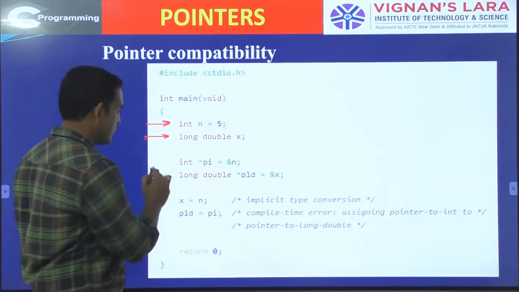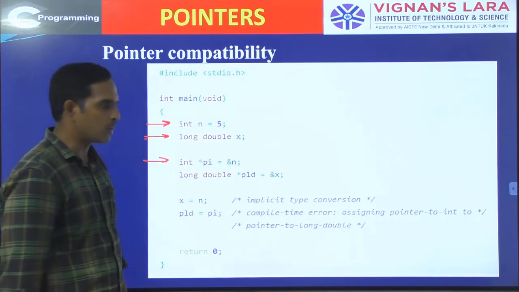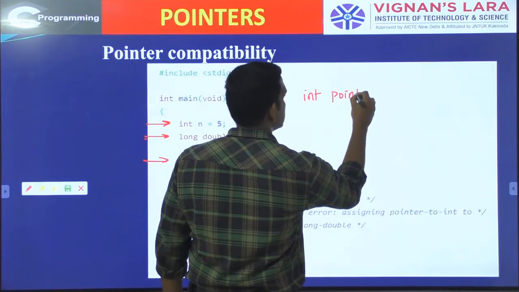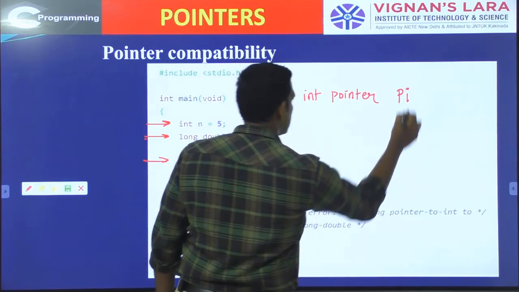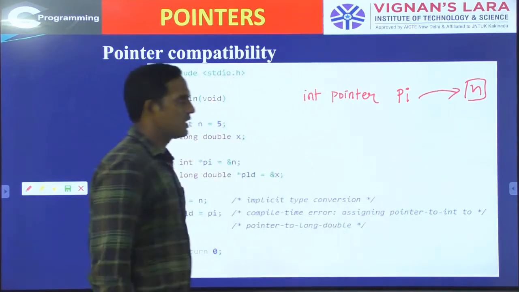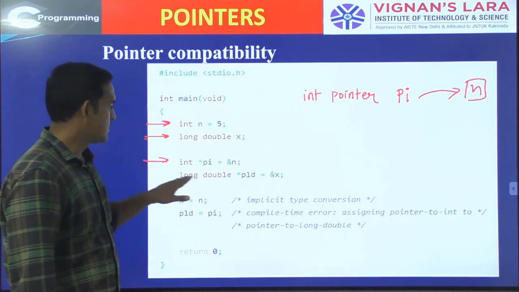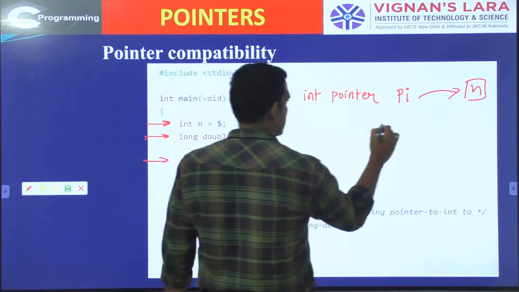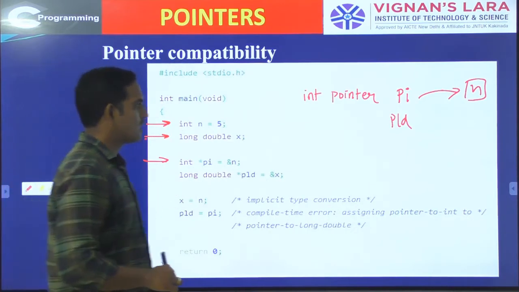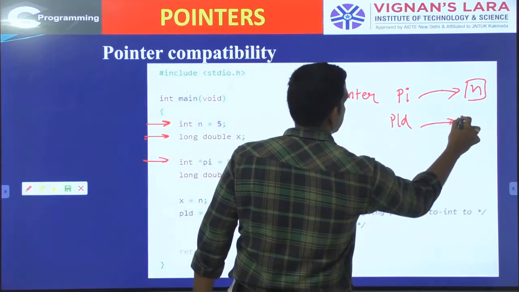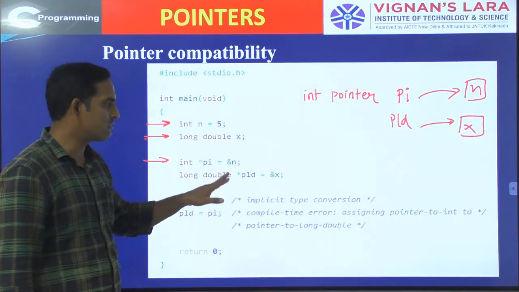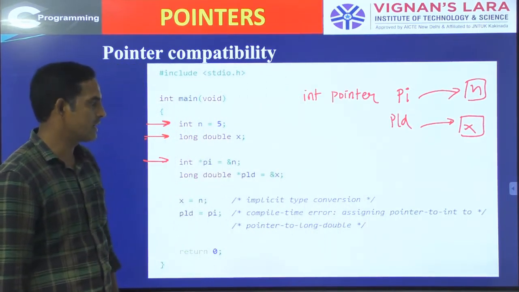You have created one integer pointer pi, pointing to your integer n. Then you have another pointer pld, a pointer to the long double, and this is pointing to your long double x.